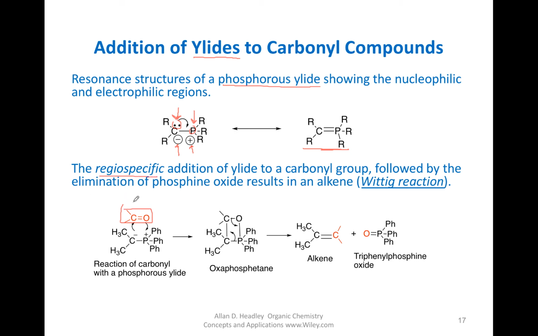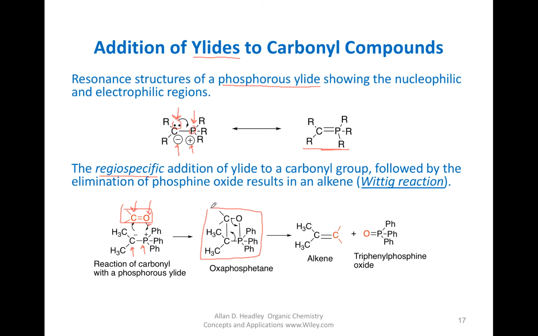Because we know the carbon of the carbonyl is positive, the oxygen of the carbonyl is negative, the carbon of the ylide is negative, and the phosphorus of the ylide is positive. Therefore, as shown here, a reaction can occur to generate this type of species.